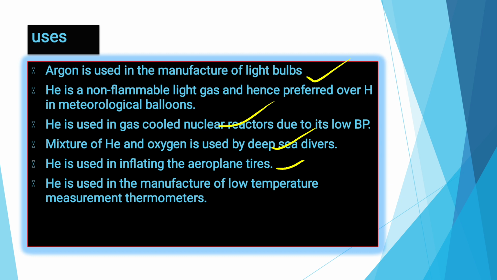Remember that materials used in making an aeroplane ought to be very light, and helium passes that test, and also it is not flammable. So unlike hydrogen, in case of fire, helium will not cause a lot of harm. And then finally, helium is used in the manufacture of low temperature measurement thermometers.